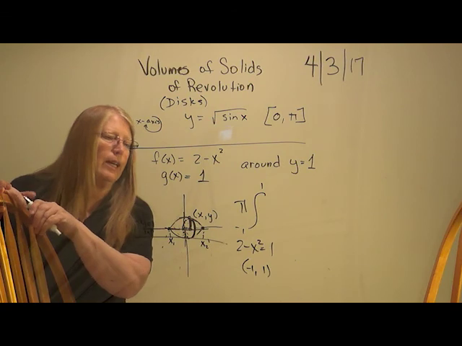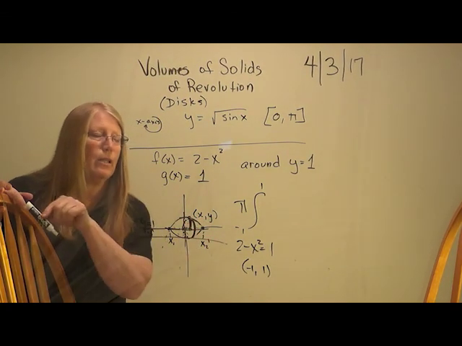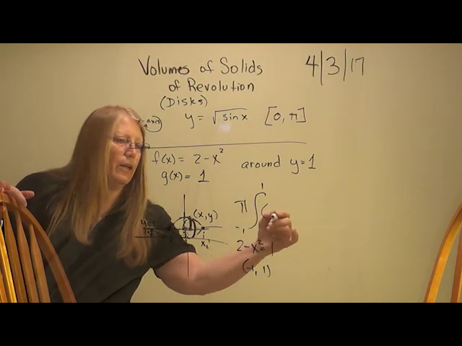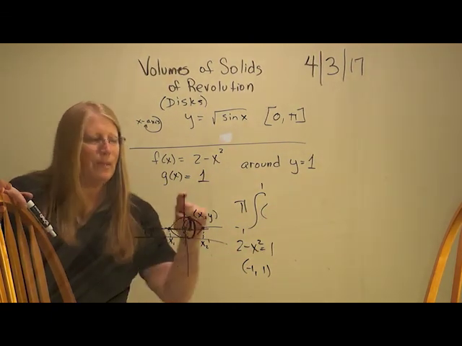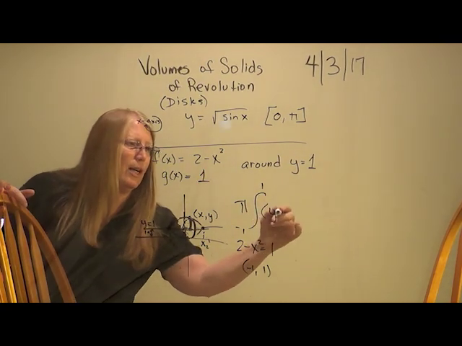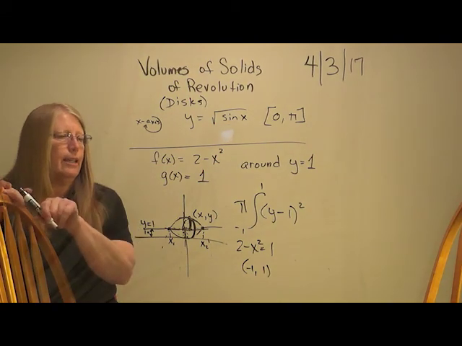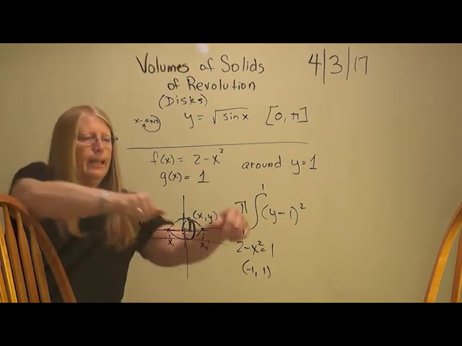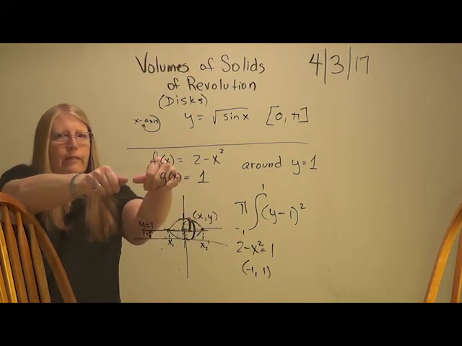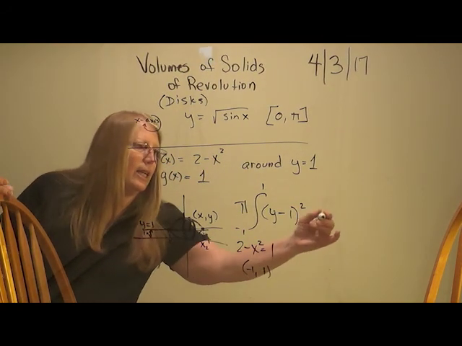So the radius that I need is going to be the x value minus the 1. I'm sorry, did I say x? It's going to be the y value minus the 1. y minus 1, that's the radius, and it's squared. And the thickness of my penny is the difference between my thumbs, a change in x, so it's dx.